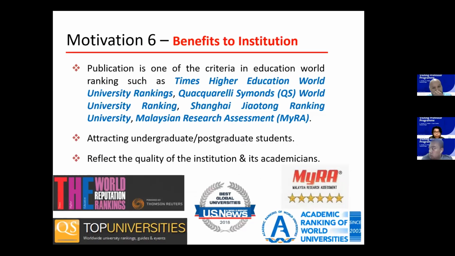And number 6, it is also a benefit to the institution where we work, because most of the ranking organizations like Times Higher Education and QS look at the citation numbers of the academics.